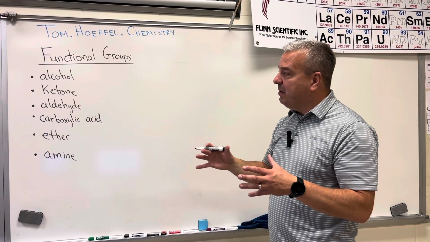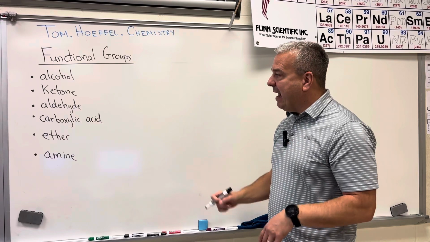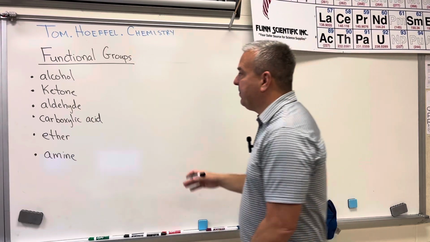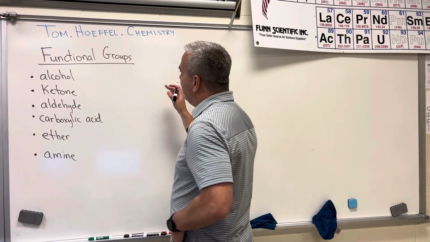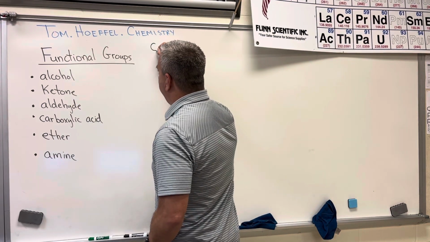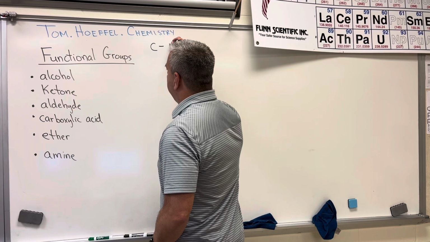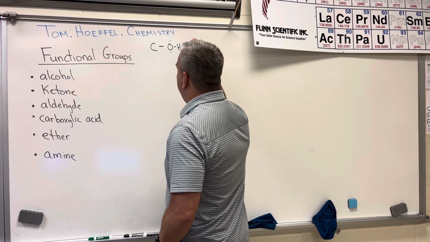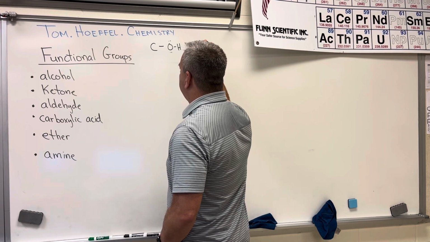Okay, so let's talk about some of the similarities that they might have in these groups, and a lot of it deals with oxygen. In these groups, there are two things you're going to find. You're going to have this carbon chain, and sometimes you're going to see an oxygen that's bonded to a hydrogen, and we call that a hydroxyl group.